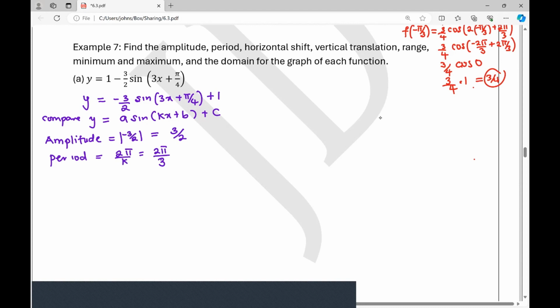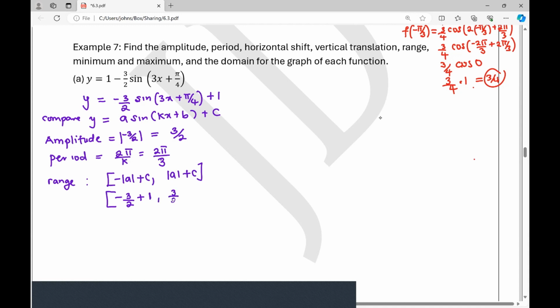Okay. Now, we discuss about finding the interval. But before we do that, let's find the range, because we will need the range. In this case, the range is going to change. Our range is going to be from using this formula, because now we have a vertical shift. So it's going to be just minus 3/2 plus what is c here? c here is 1.